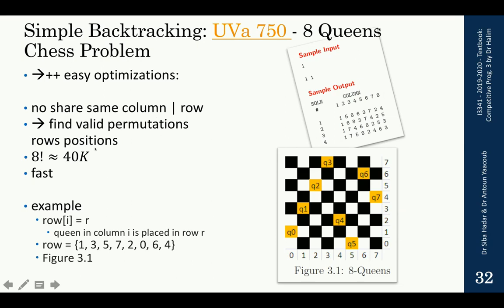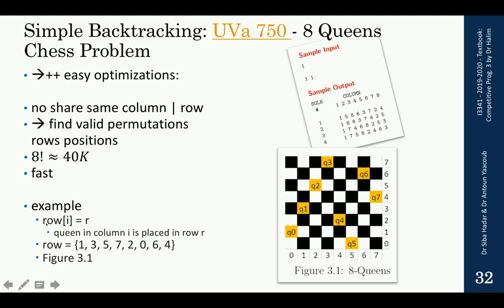You have every queen in a column, and if for column 0 you chose row 1, you cannot now choose row 1 for the next queens. So instead of 8 to the power 8, it is now decreasing, it is factorial 8, and becomes approximately 40k operations. So this is fast.